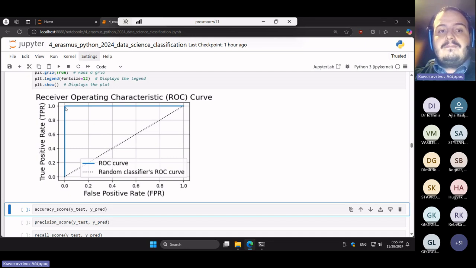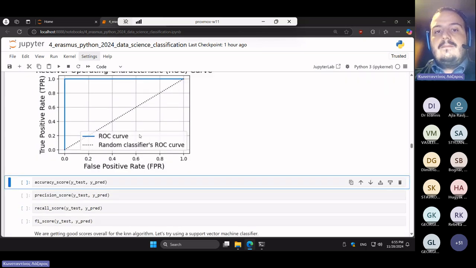If we map the area under this blue line over there, we get the area under the curve, or the AUC score. The higher the AUC score, the wider the area covered by this line, which is ideal for us because it shows that our model is able to perform really, really well.